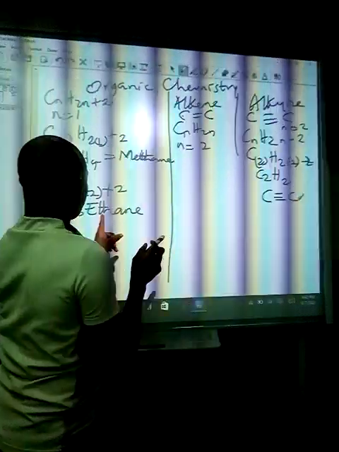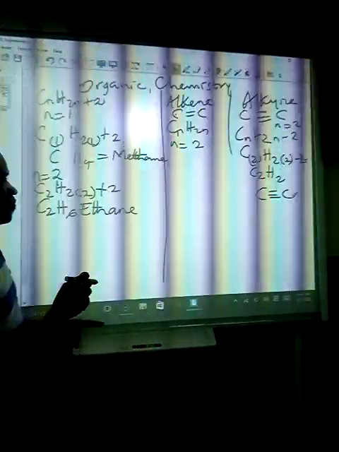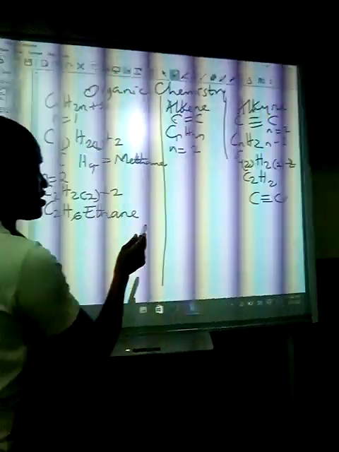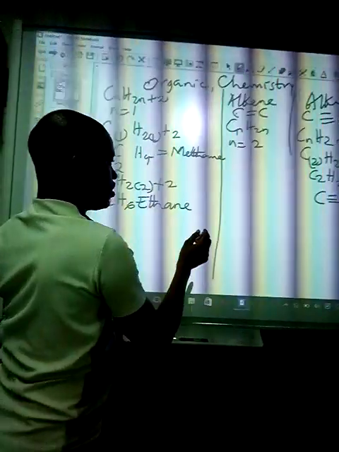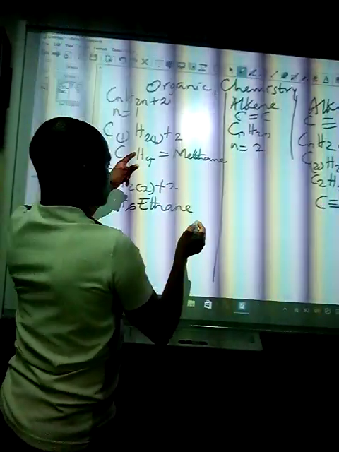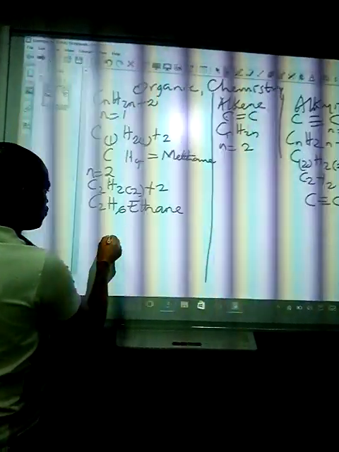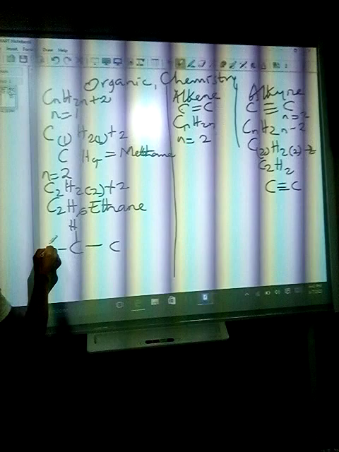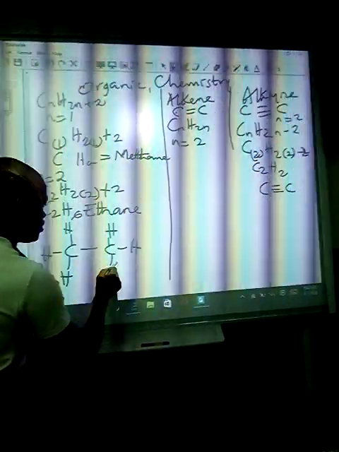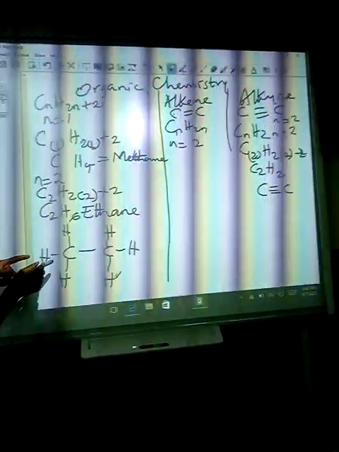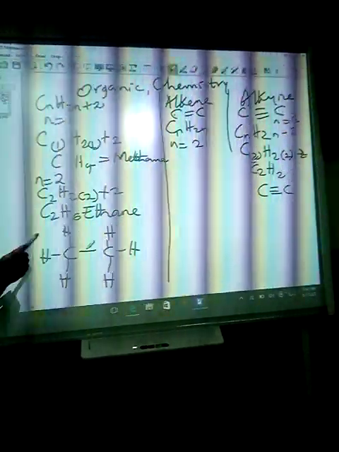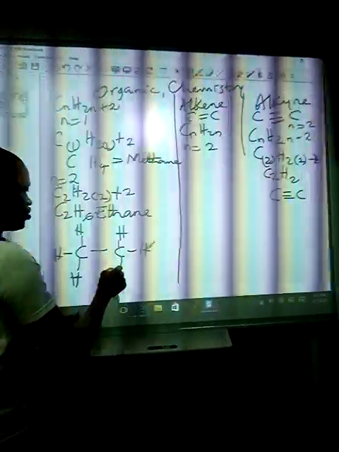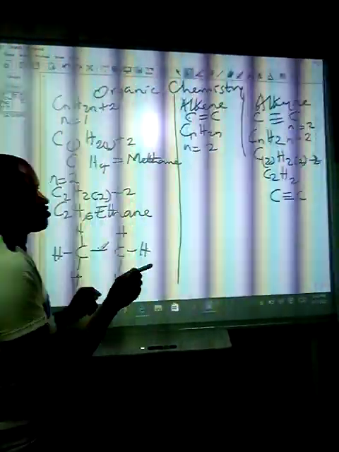I would like you to know that in drawing the structure, each carbon is attached to 4 bonds. So to form a bond here, for example, 1, 2, 3, 4, this carbon atom has 4 hydrogen atoms.